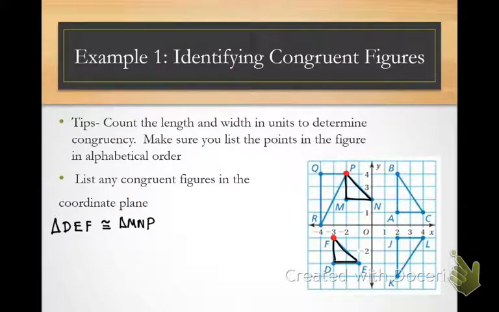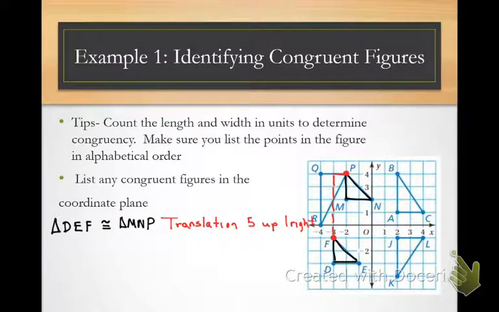It's a translation, and I went 1, 2, 3, 4, 5 units up and 1 unit right. So I come over here and I say translation, and we can make this real brief: translation, 5 up and 1 right.